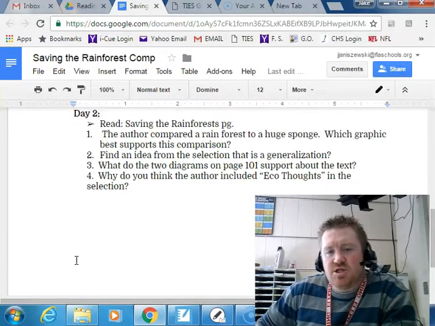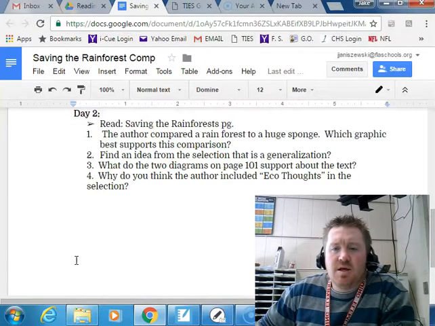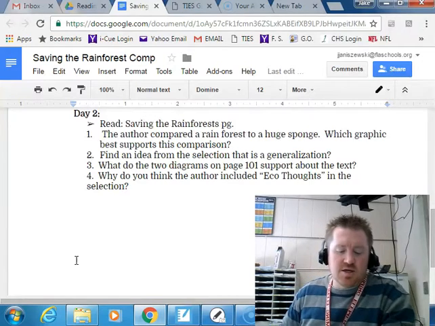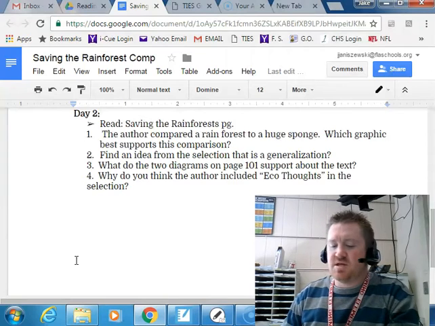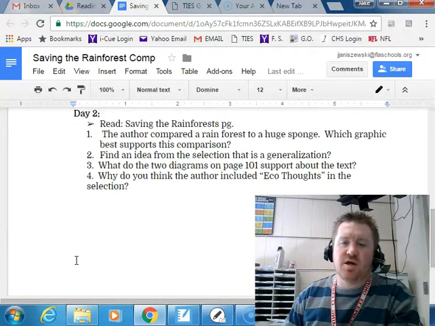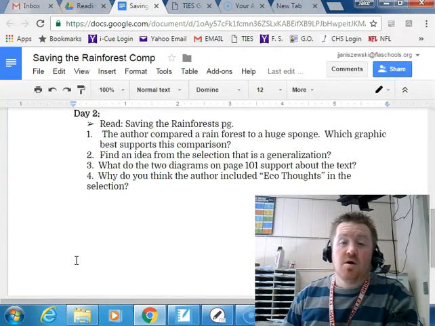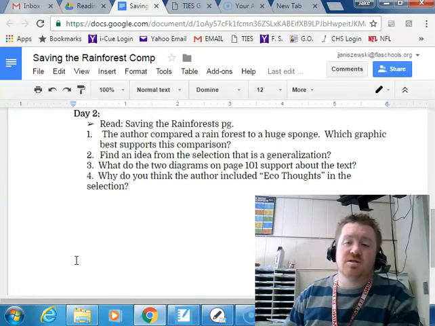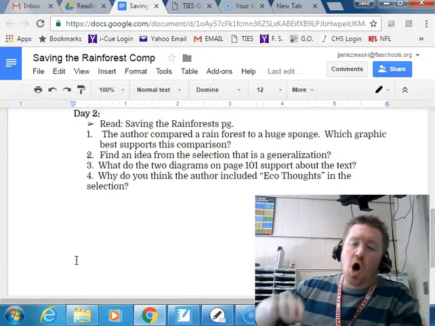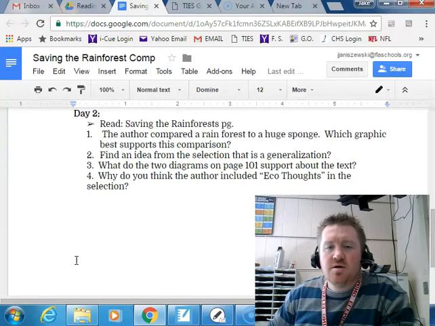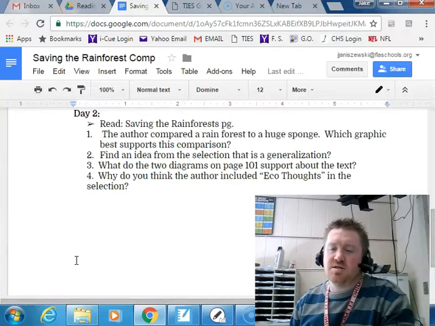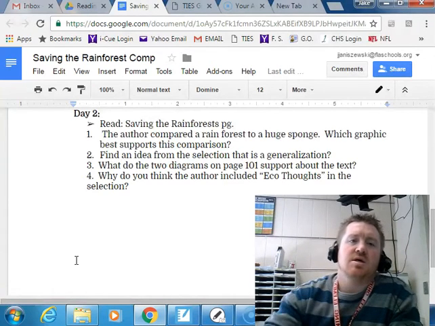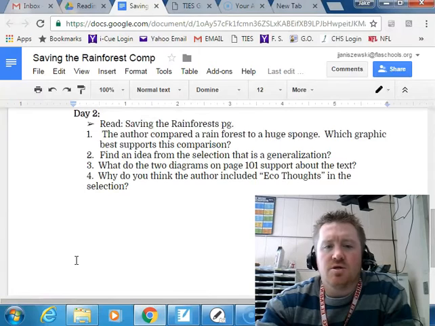That's a generalization because not all of the wood cut down in the rainforest is sold and taken to other countries. Some of it is kept there, some is used for other things, some is left. So remember, a generalization is a statement that we make about all of something, and it covers some of it, but it might not cover all of it. So one of the generalizations they make is that all wood is taken to and sold to other countries.